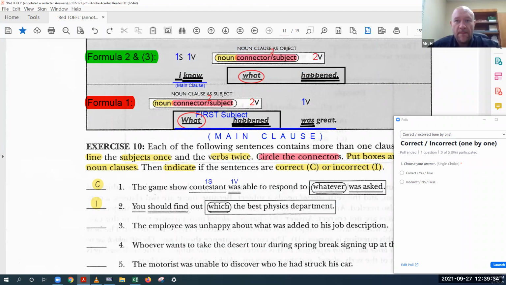Whatever, both subject and connector. Second, notice I put NCC because it's a noun connector. Slash, you see I put this slash second subject. Does that mean it's either or both? It's both, right? Okay. And then? Was asked, second verb.